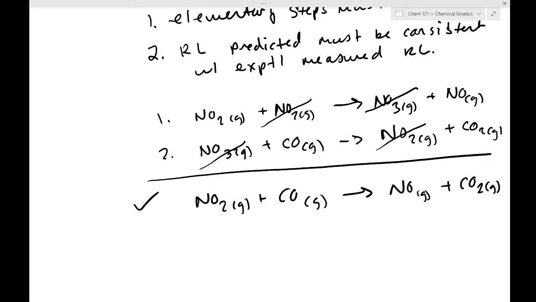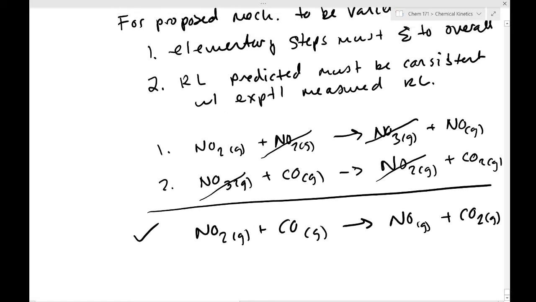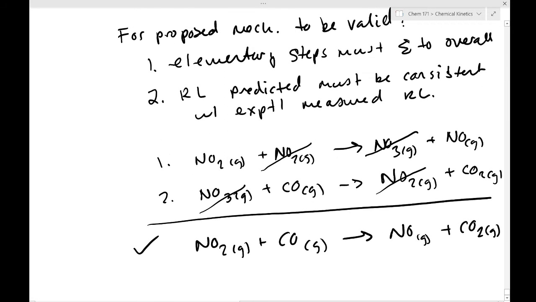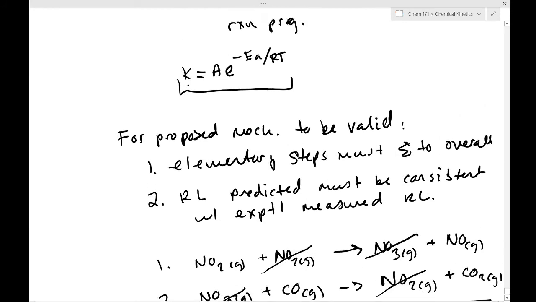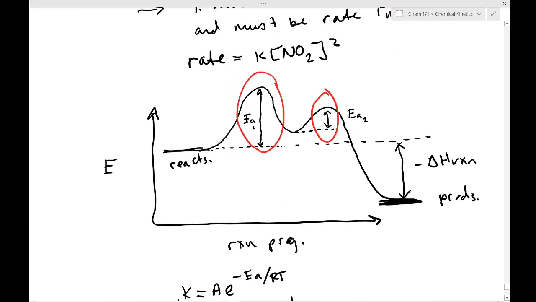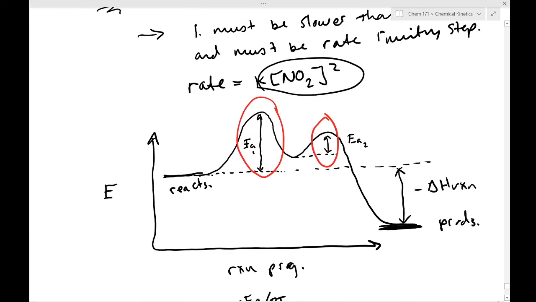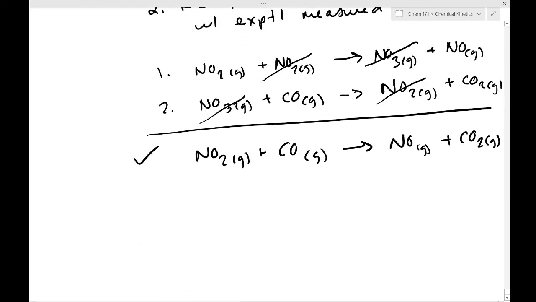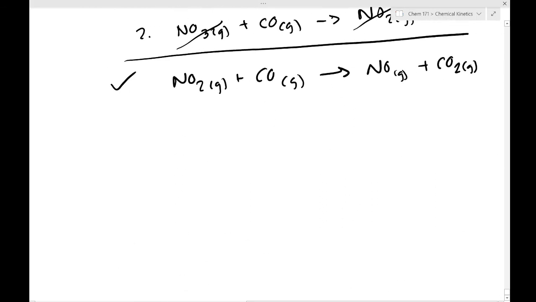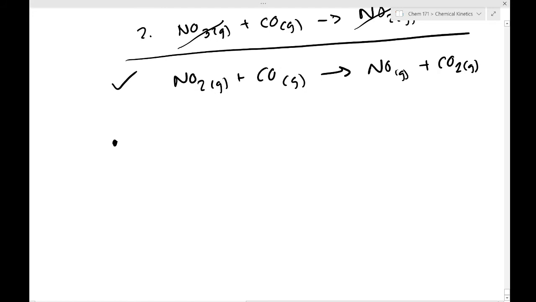Since that sums to the overall reaction, it satisfies the first rule, and since the predicted rate law is consistent with the measured rate law here, that means that this possible mechanism is a valid mechanism.